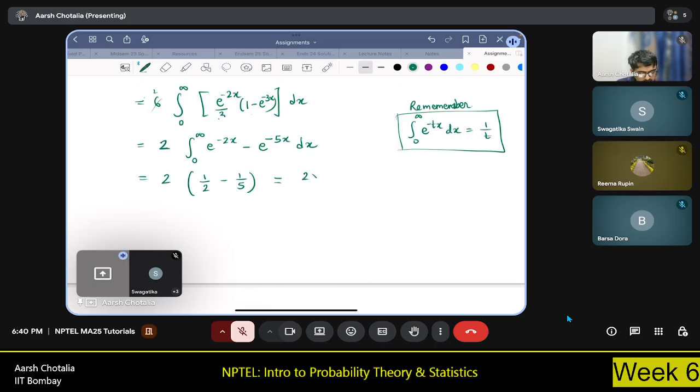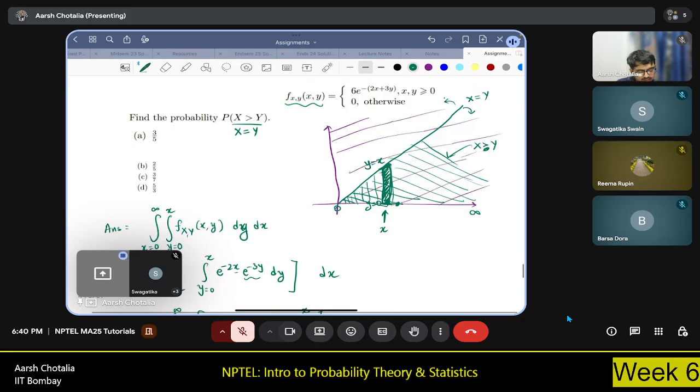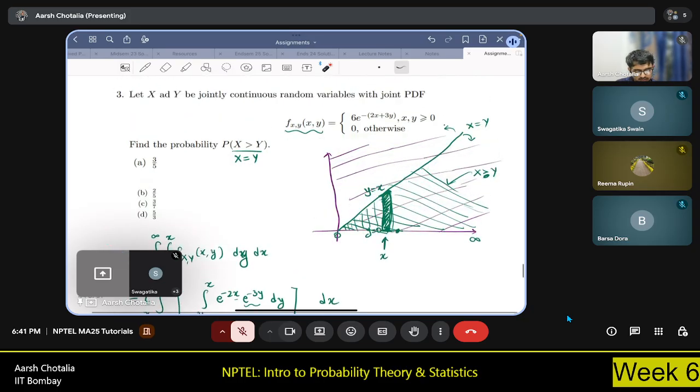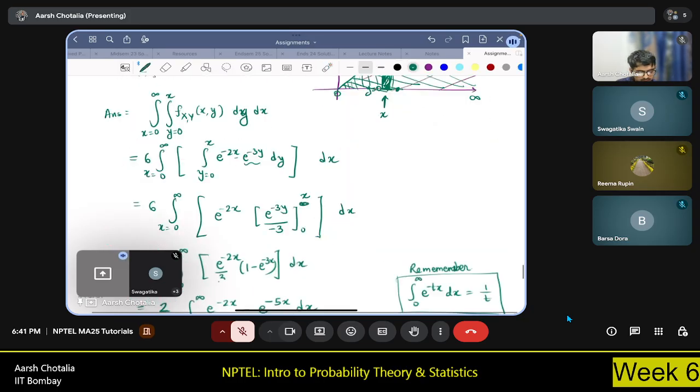Of course, you can do it every time if you want to. So this is 2 into 3 by 10, or 3 by 5. Okay. So this entire region was of probability 1, but the region below this line has 60% probability. So more mass is concentrated here than here. Okay. So the correct answer is, of course, 3 by 5.